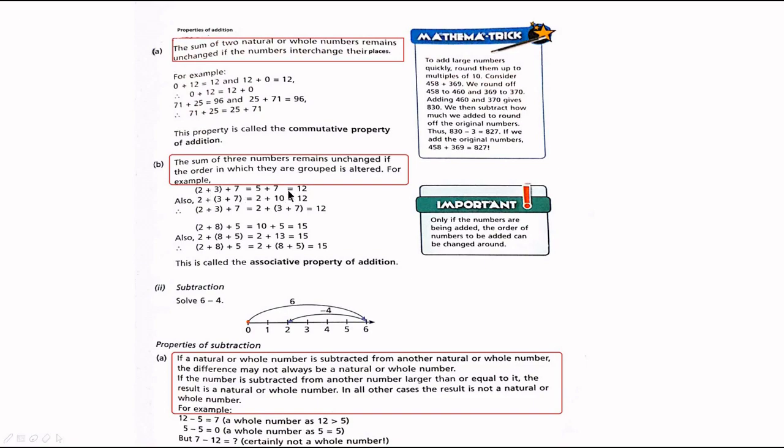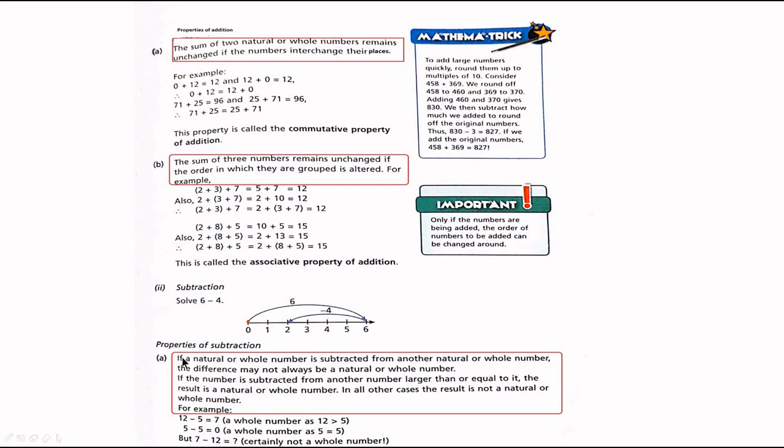In both cases, the answer will be equal to 12. 2 plus 3 plus 7 is equal to 2 plus 10 is equal to 12. This is the second example. This is called the associative property of addition.